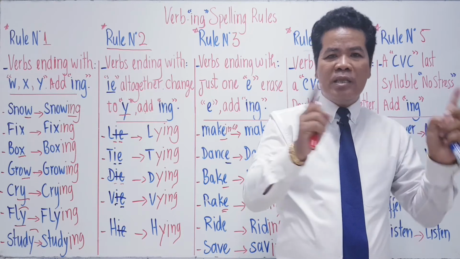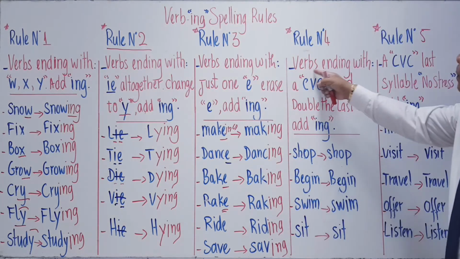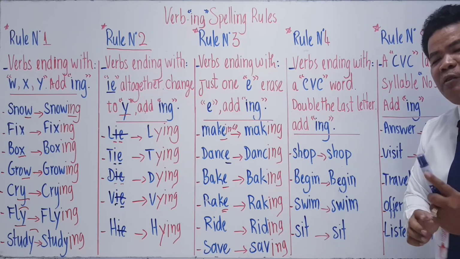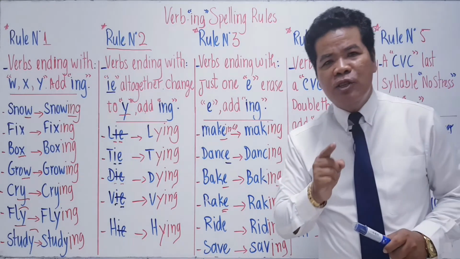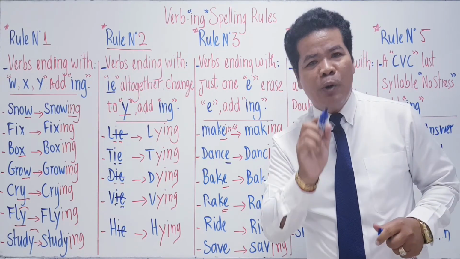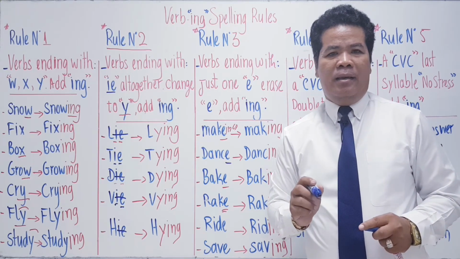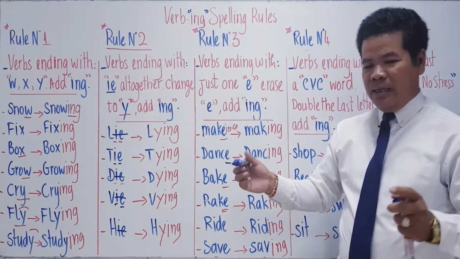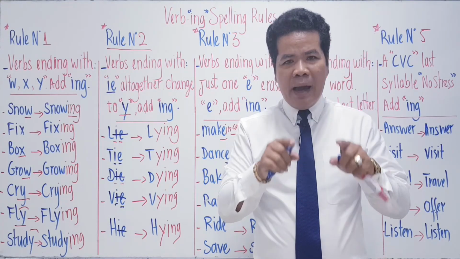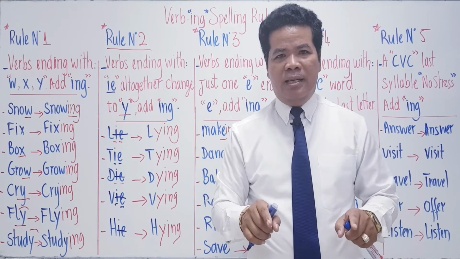So a CVC word is like that. Now have a look. Verbs ending with a CVC word, before you add ing to the verb, you have to double the last consonant.